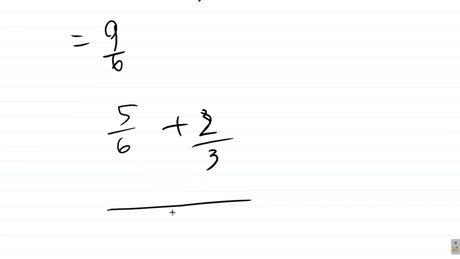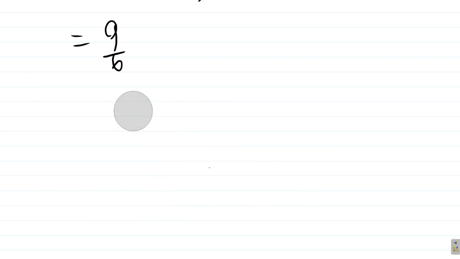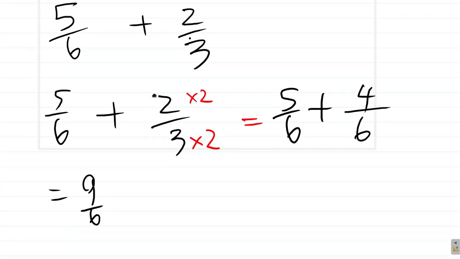LCM of 6 and 3 is 6. 6 into 6 goes 1 time, 1 5's 5, plus 3 into 6 goes 2 times, 2 2's 4. You get 5 and 4, 9 over 6, alright? But it's important that you understand the common denominators, where that comes from.